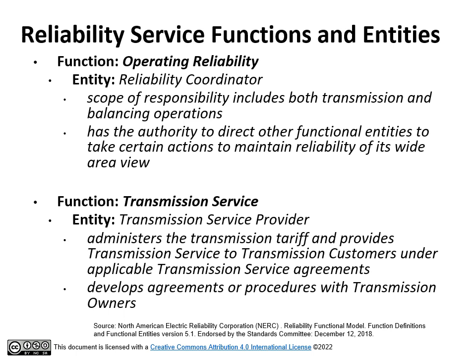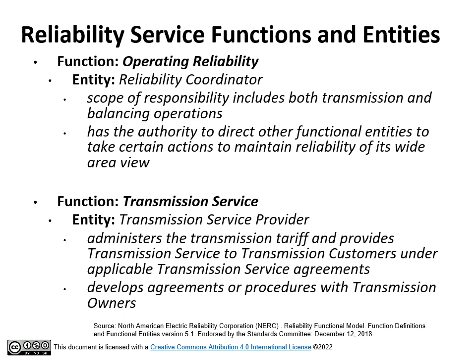Its scope includes both transmission and balancing operations, and it has the authority to direct other functional entities to take certain actions to ensure that its reliability coordinator area operates reliably. The next function in this group is the transmission service function, which is enabled by the entity called the transmission service provider.